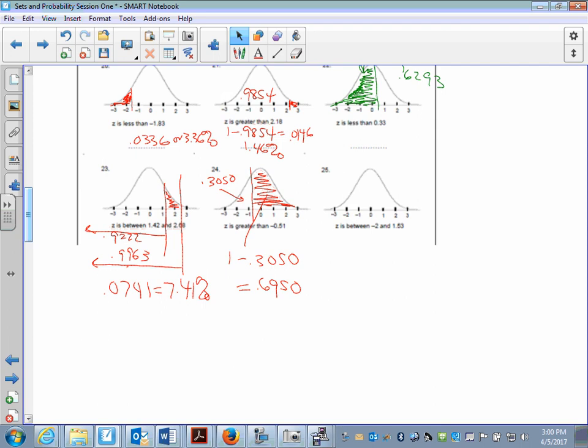And one more. Z is between negative 2 and 1.53. Okay, here's negative 2, and here's 1.53.